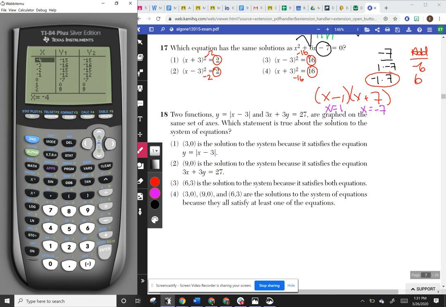For this one, we can see that y is 0 for both equations when x is 1. Let's go and check negative 7. Same thing here, same zeros. Actually, the entire table is the same. So that's what we're looking for. Our answer is 4.